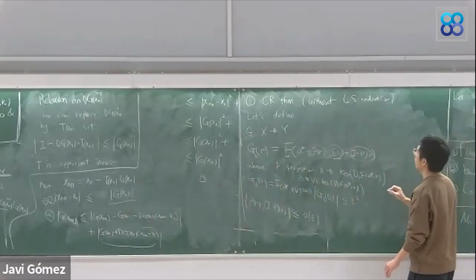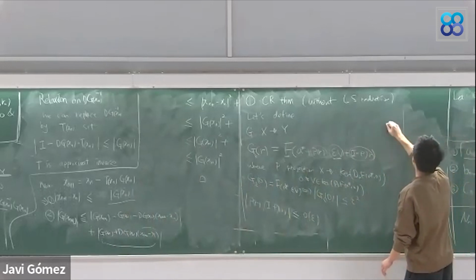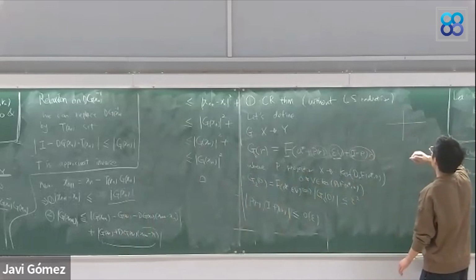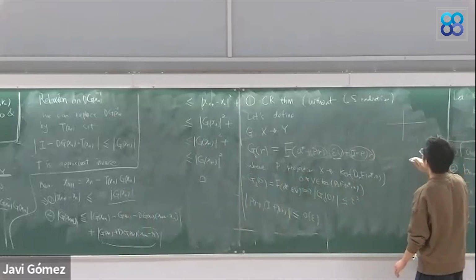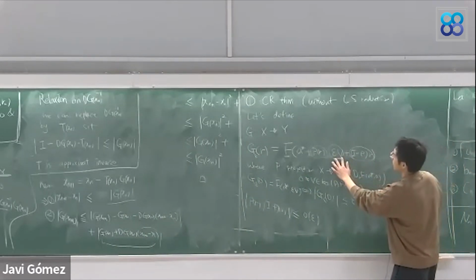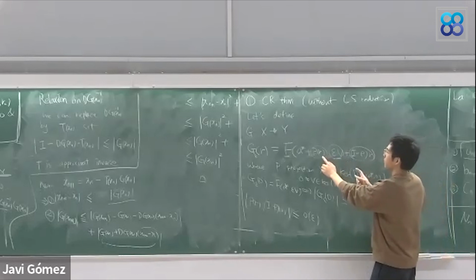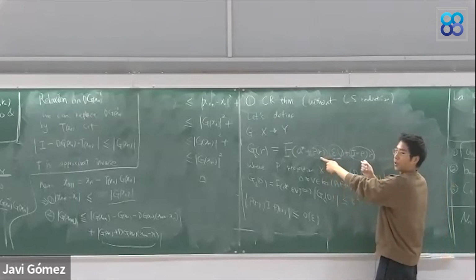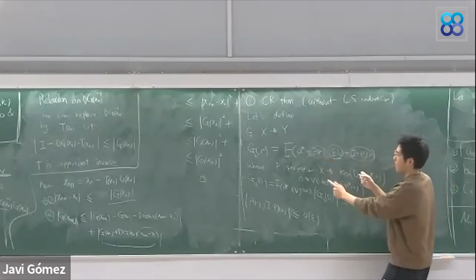Because this epsilon V is the solution in the linearized problem, and in the nonlinear problem you just have very small corrections, right?